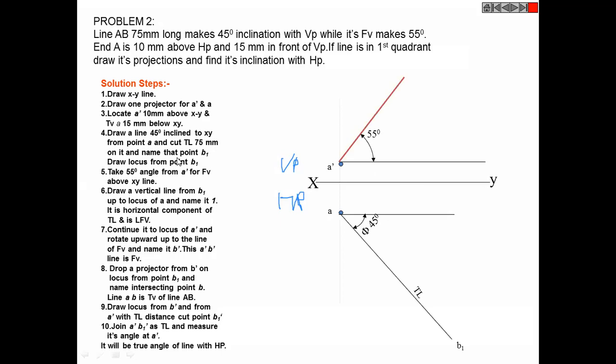Correct. After that, we will draw the locus from B1. Now it will be projected upwards. Then we will have one arc. That arc will intersect that inclined line at some point. So that will be the front view. So we have generated front view.